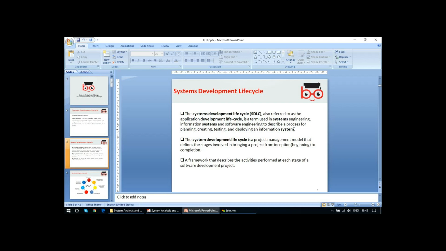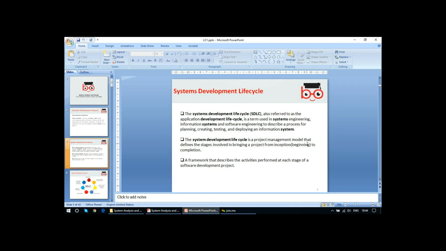Any software, any system, or any technical thing comes through the process: you plan first, then you create, you test it, deploy it. That's the system development life cycle.